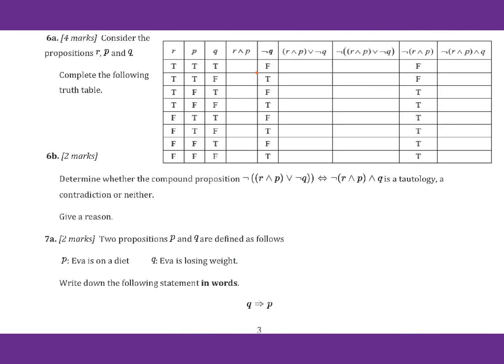Let's go to 6A. Consider the propositions R, P, and Q. Complete the following truth table. R and P, keywords will be both. So we have true, true. Rest of them will be false.